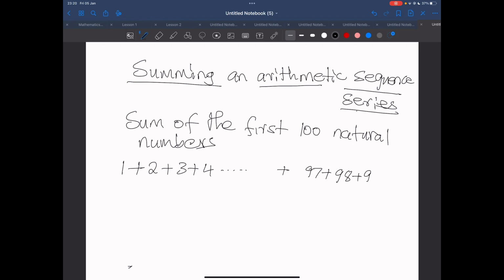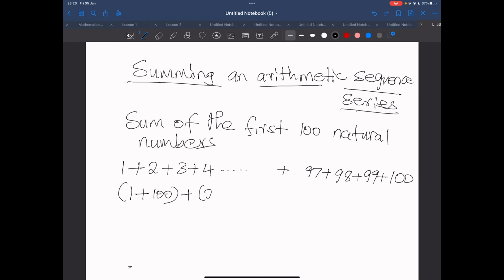Now there was a prize for the learner who would finish first. This particular student looked at it, and while others were busy adding, the learner started pairing the terms 2 by 2. He took the first term, which is 1, and paired it with the last term, so it's 1 plus 100.